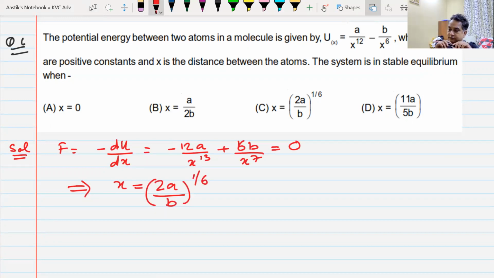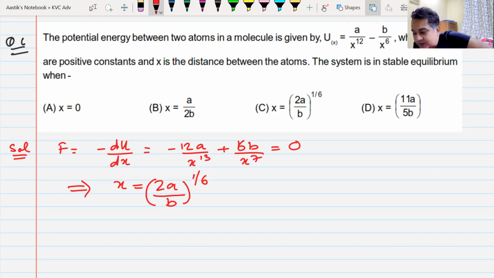Yes or no? Simple maths. What is so complicated here? Then you can find the second derivative and see whether, for this value of x, it is coming positive or not.